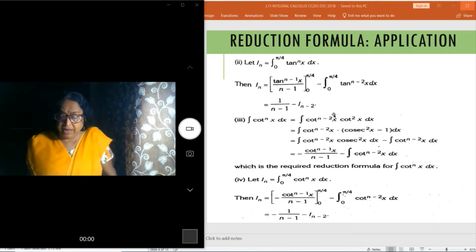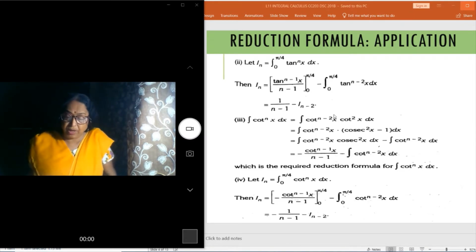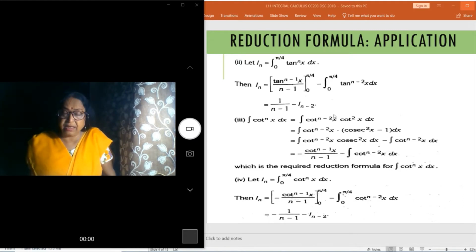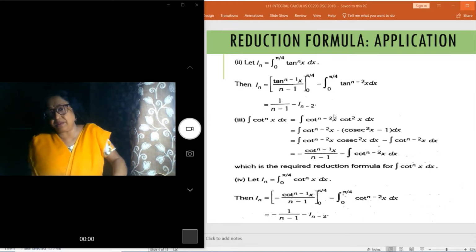In the similar way, after integration, we can write cot n minus 1 x divided by n minus 1 minus integration of cot n minus 2 x dx. If we put the limit from 0 to pi by 4, then after putting this limit we get I n is equal to minus 1 by n minus 1 minus I n minus 2.